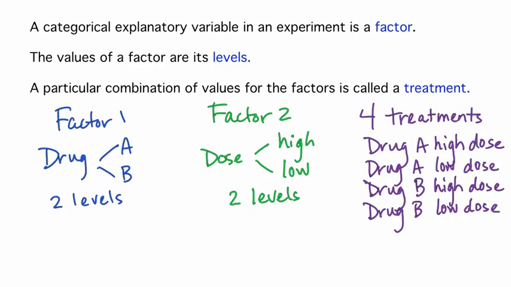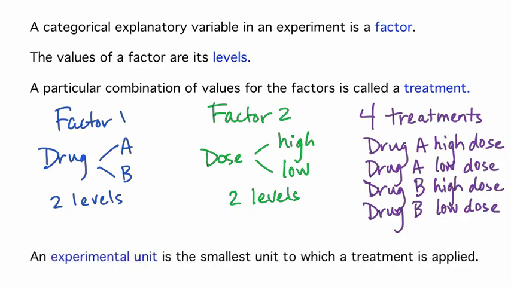In experiments, the participating subjects or individuals are called experimental units. Sometimes treatments are given to groups of people or things, like all of the students in a class receiving a new teaching method, or all of the plants in one pot receiving a new type of fertilizer.